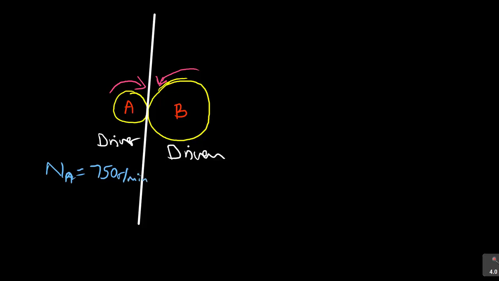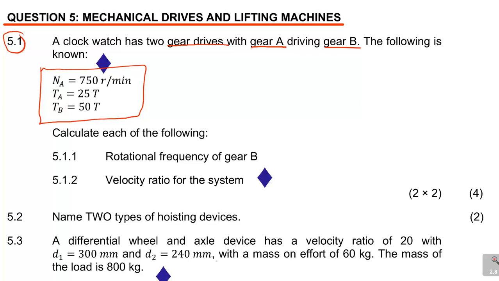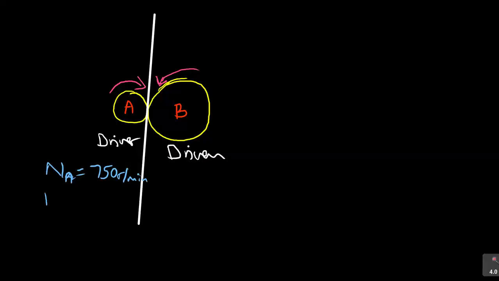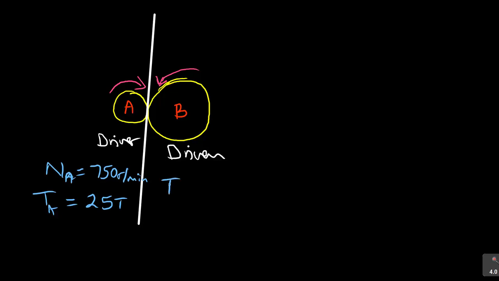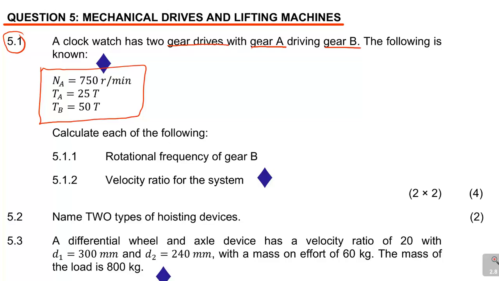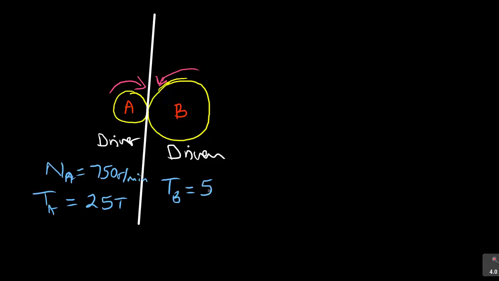And then the other information I'm given is TA, which is the number of teeth in A, is 25 teeth. So I write the number of teeth in A is equal to 25 teeth. And then the other information, TB, which is the number of teeth in B, on the other side, is equal to 50 teeth. So this is the information that they give.